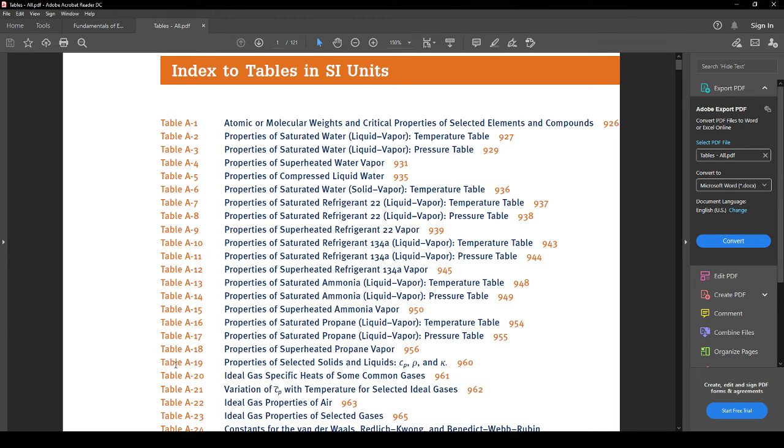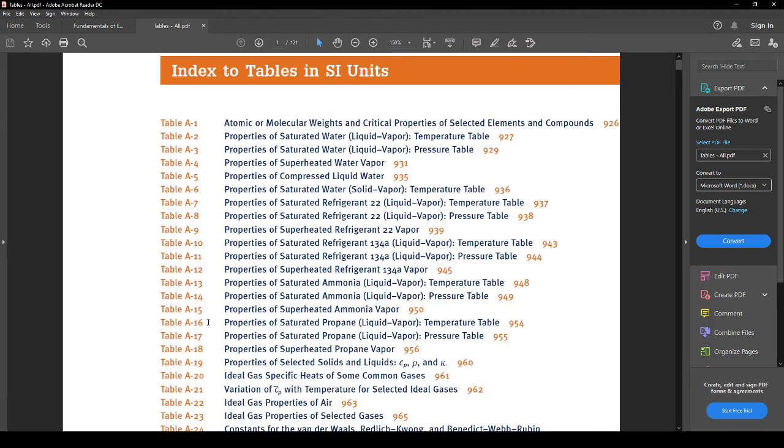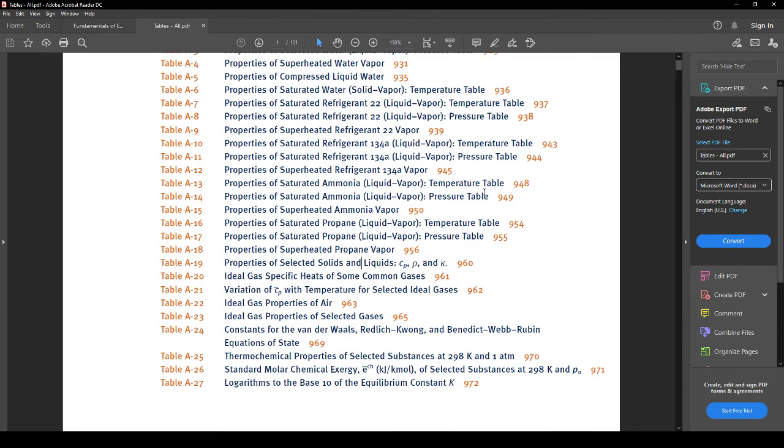What we need is this one. I believe table A19, which says properties of selected liquids and solids, CP, rho, and K. So we're going to try there first. And really quickly, this is the first page of the table, so you can see what all of them are, and this would be somewhere you would go first to find things. So let's go to table A19, which is on 960.